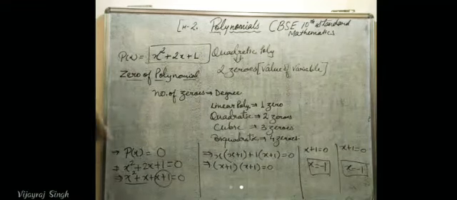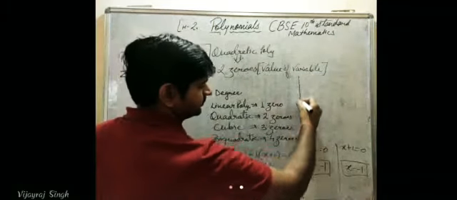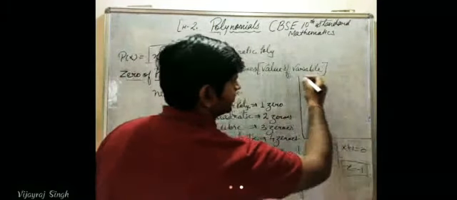This is the first topic, zeros of the polynomial. So we found two zeros of the polynomial. It was quadratic. Let's discuss linear. Linear is enough for here.